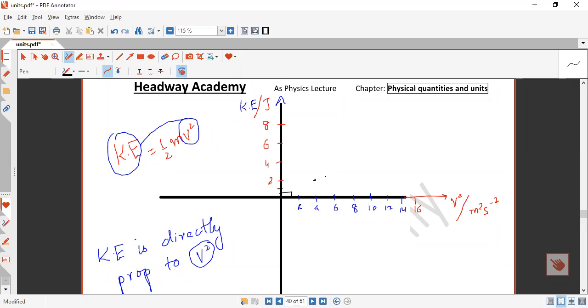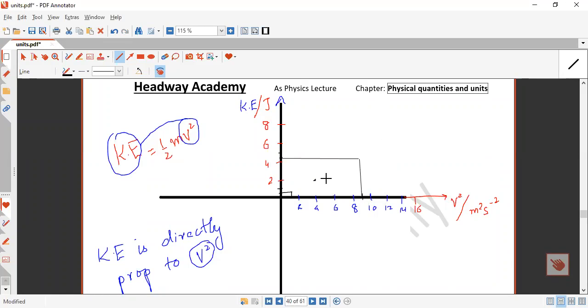And when the velocity square is 9, like here, the kinetic energy is what? 4.5. So here is 5, so here will be somewhere 4.5. So it will be up to this point. Right?